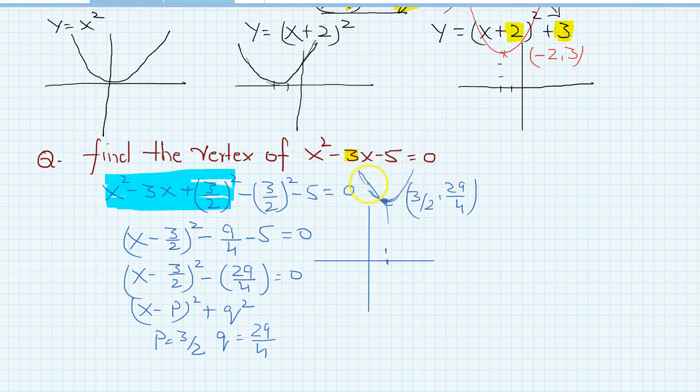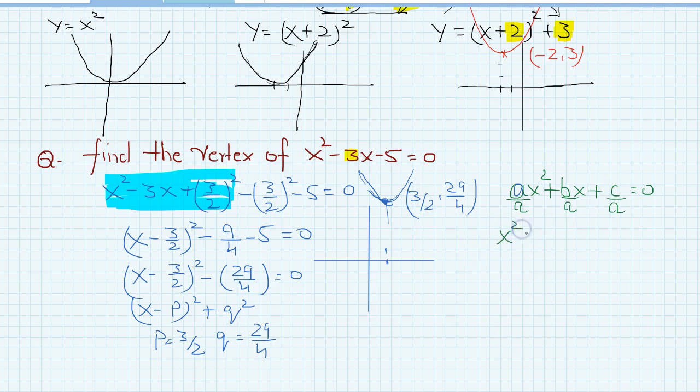We can also make a formula so that we can directly write the value of the vertex. Let our general equation be ax square plus bx plus c is equal to 0. As you know, for completing the square, the coefficient of x square must be 1. So we divide each term by the coefficient of x square.